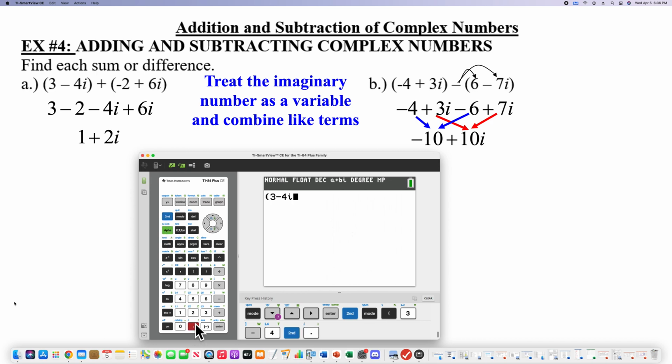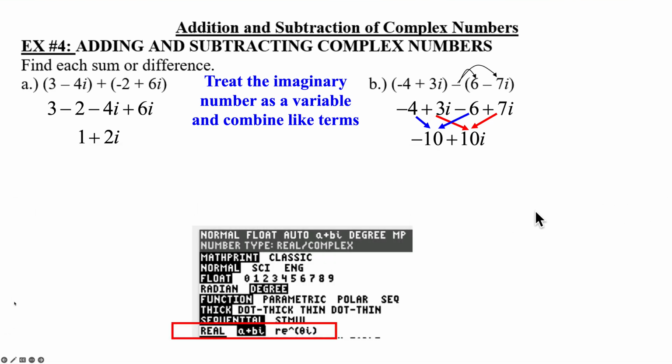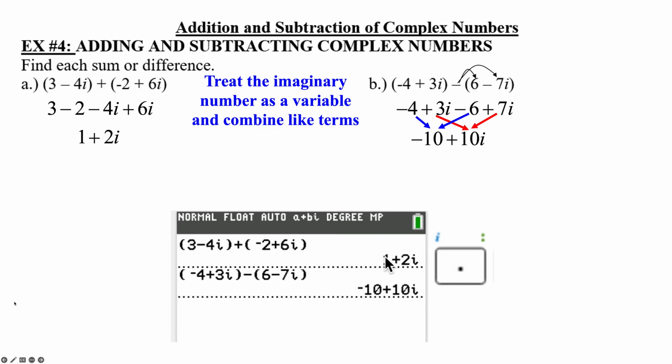Second decimal point, plus parentheses negative 2 plus 6 second decimal point. Bam. It automatically adds complex numbers together. So I'm just going to move this off the screen because I blew up the decimal point. There's the I right there. There's my checking of my answers.